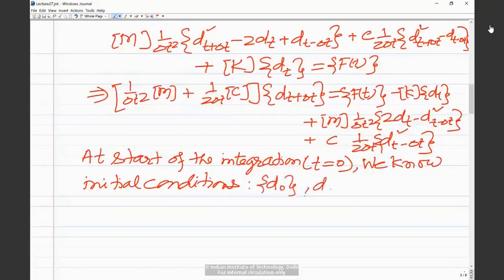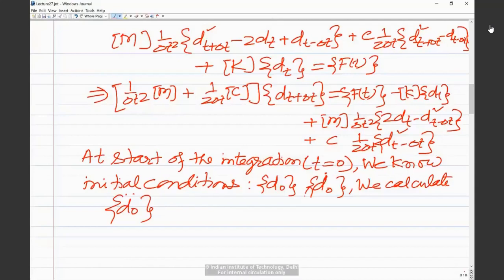We know d naught dot, that is d dot at this point, and we can calculate d naught double dot from the equation of motion at t equal to 0. Because d naught and d naught dot are known, you just get d naught double dot.